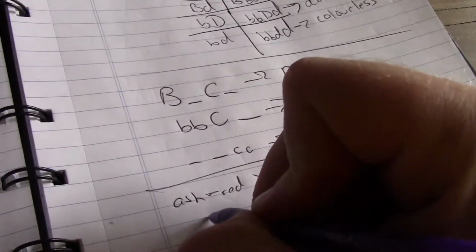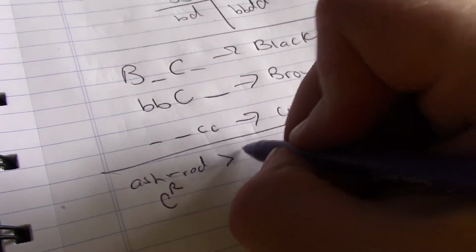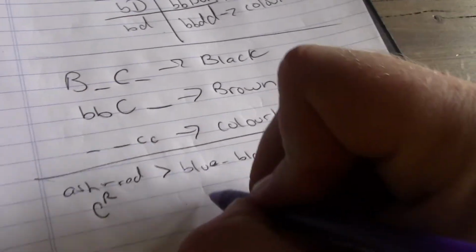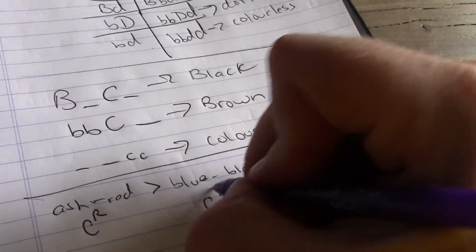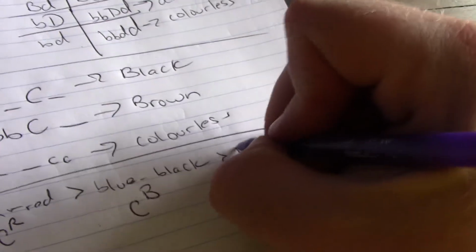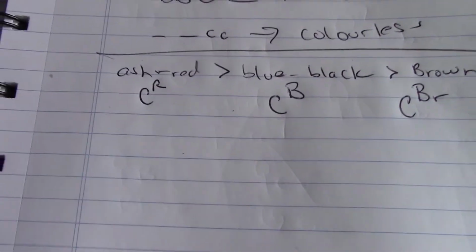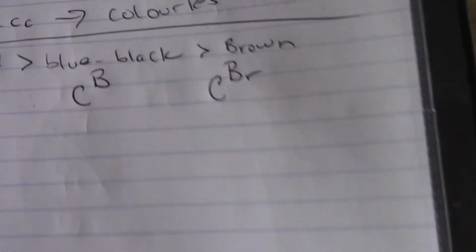Right? So I'm going to make this CR. And then blue black. So I'm going to assign this CB. And then brown. And I'm going to assign this CBR. So the ash red is dominant over the other two alleles.